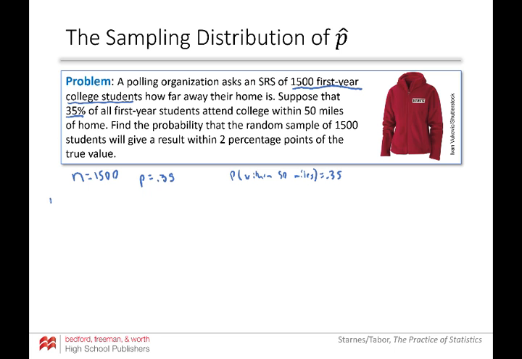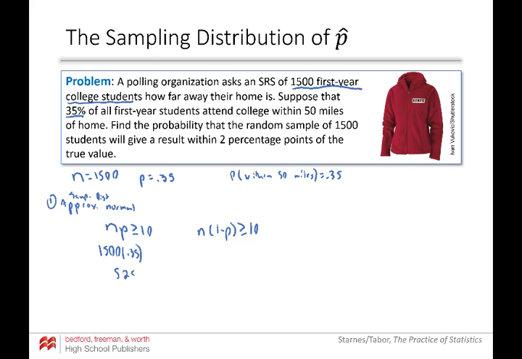So first of all, we have to figure out if the sampling distribution is approximately normal. To do that, we're going to use the large counts condition. Again, that's N times P is greater than or equal to 10, and N times 1 minus P is greater than or equal to 10. So let's do it. 1,500 times 0.35 gives me 525.